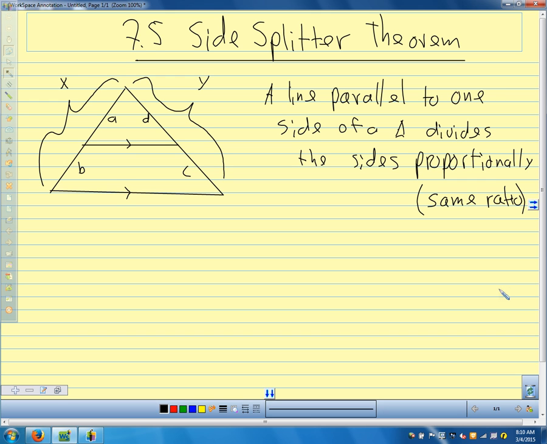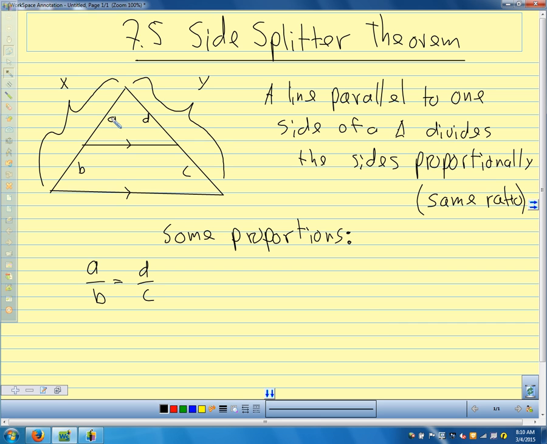So I'm going to write some of the ratios that we get from the side splitter theorem. The key is that this side is parallel to the base. So we're not going to write all of them. Some of the proportions we get out of the side splitter theorem, I could say A over B, this piece over this piece, equals D over C. What we do with the side splitter theorem is we match the corresponding pieces of our triangle.